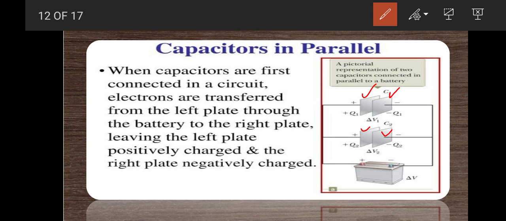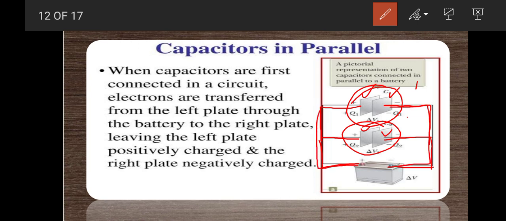C2 is the capacitance of the second capacitor, and I have told you that one plate of each capacitor will be joined with one terminal of the battery and the second plate of each capacitor is joined with the second terminal of the battery. Here you can see both of these capacitors are joined with the terminals of the battery.